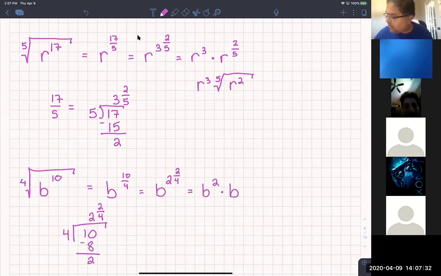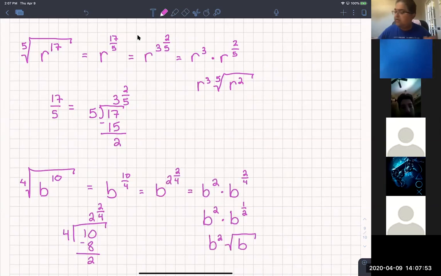Now here, look, it's 2 to the 4. I can reduce this fraction 2/4, correct? What does the fraction 2/4 reduce into? 1/2. So this is b squared times the square root of b.